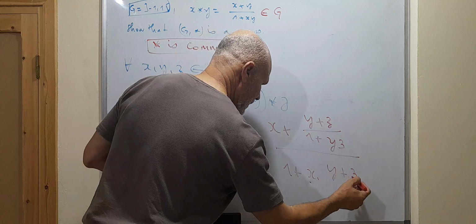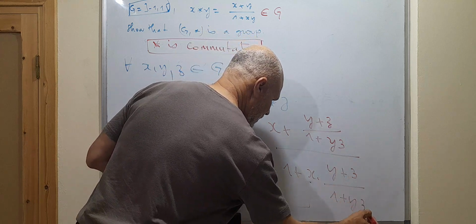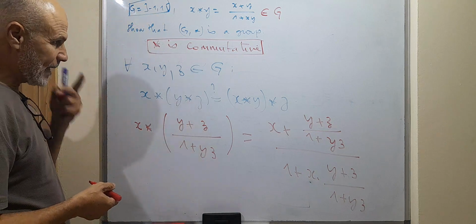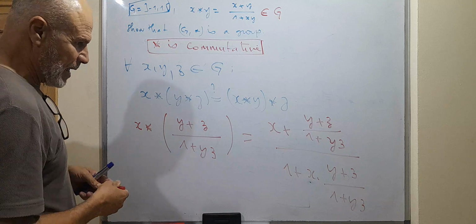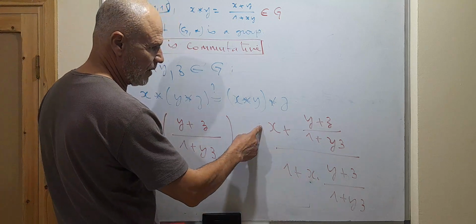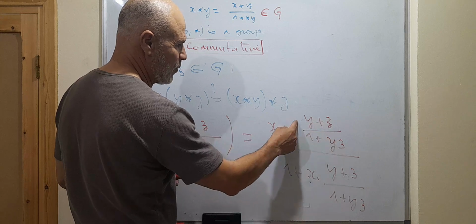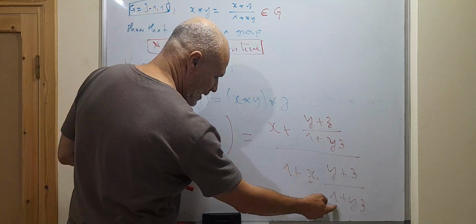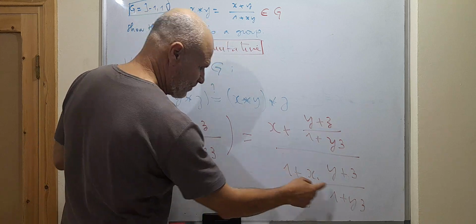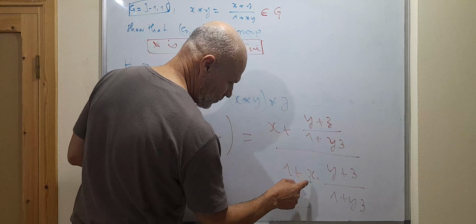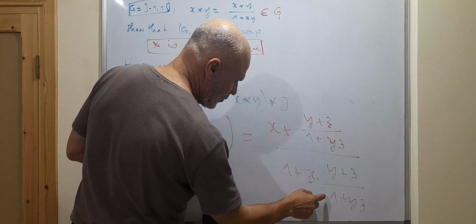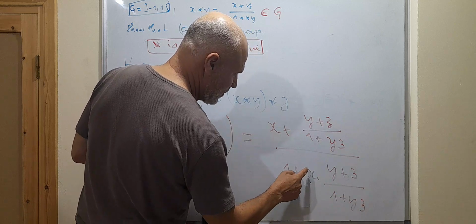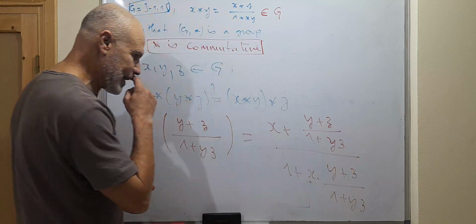For the first side, we will get the numerator x + xyz + y + z over 1 + yz, and the denominator 1 + yz + xy + xz over 1 + yz.